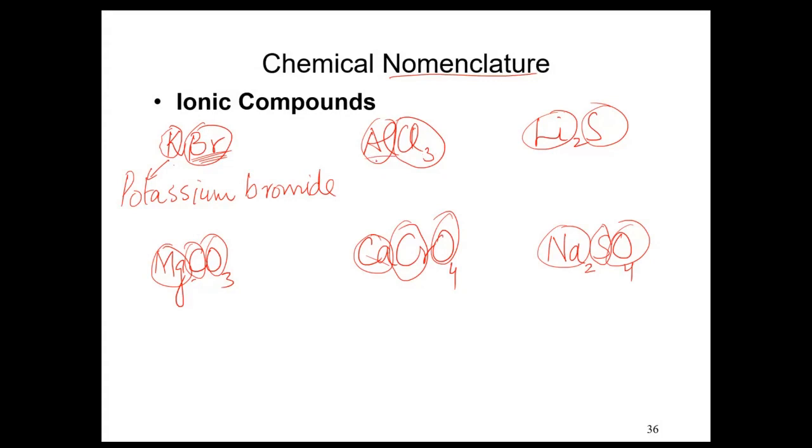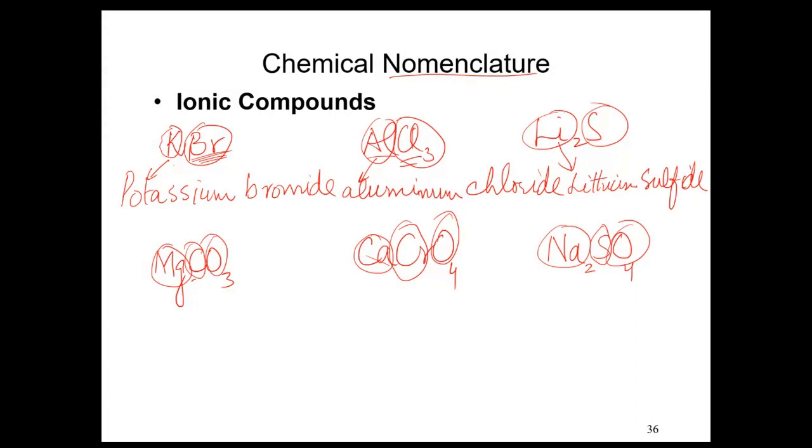Now here it is Al, aluminium. Chloride. It is chlorine, it becomes chloride. Very good, aluminium chloride. Now it is lithium. Very good, lithium. It is sulfur, it becomes sulfide. Sulfide.